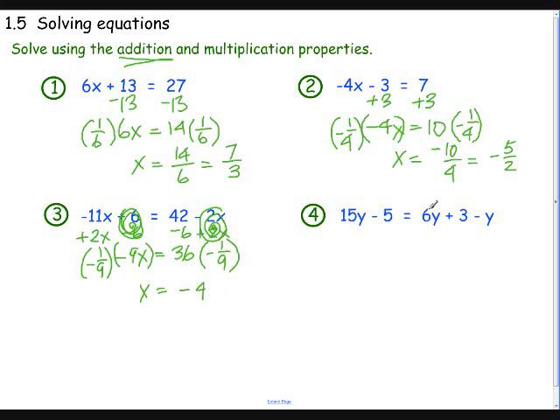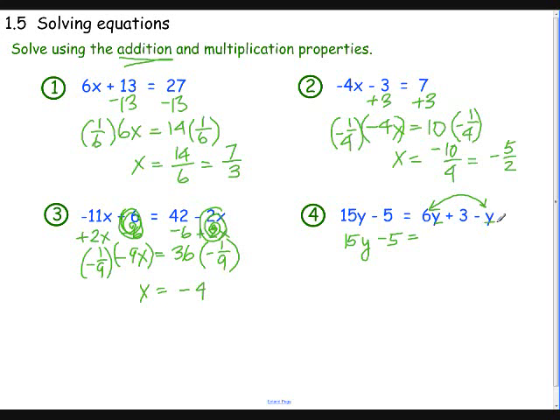Now this one, before I do any of the properties of equality, I think I will try to simplify both sides. This side is already looking about as simple as you could get it. Those are unlike terms. I can't combine them. But over here, I have like terms.